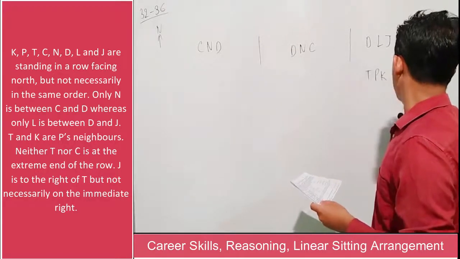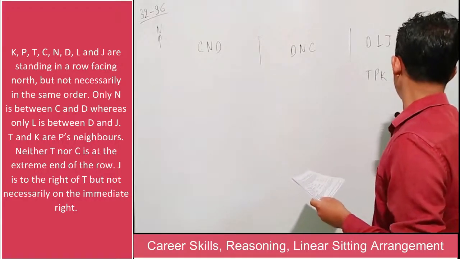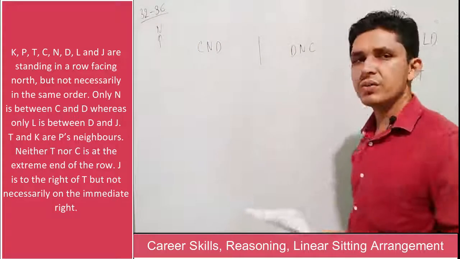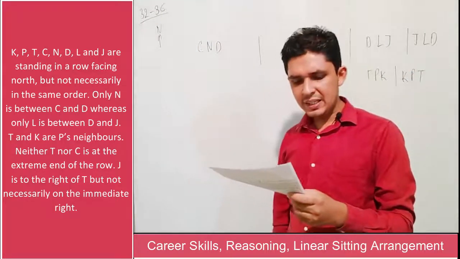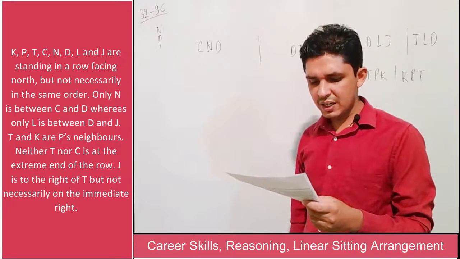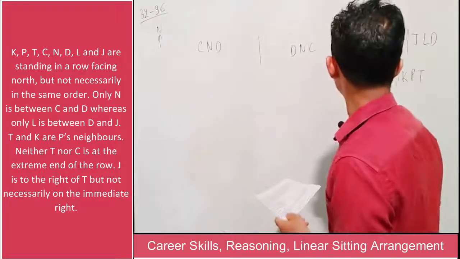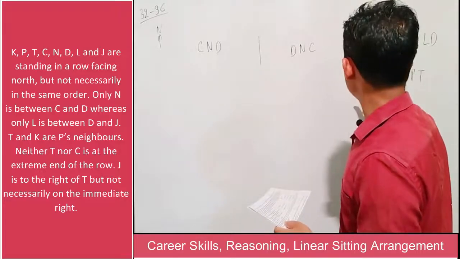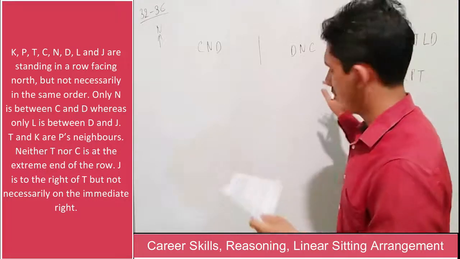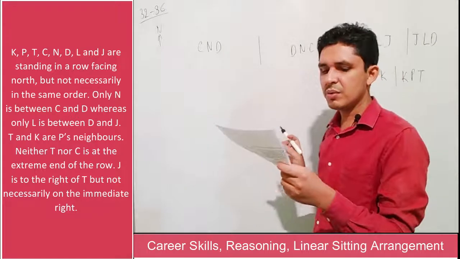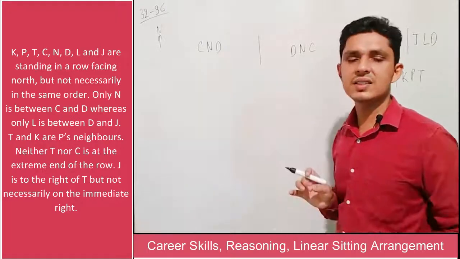Either we can have this or we can have this, so we have two possibilities. Neither T nor C is at the extreme end of the row, right? So if we add this and make the full arrangement, the statement is neither T nor C is at the extreme end of the row.